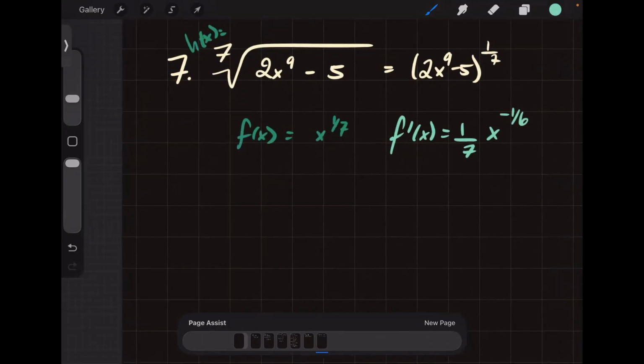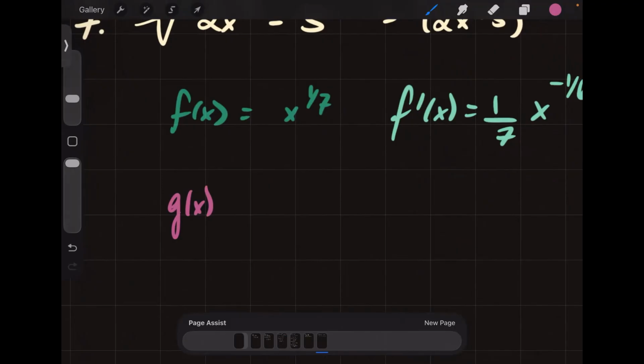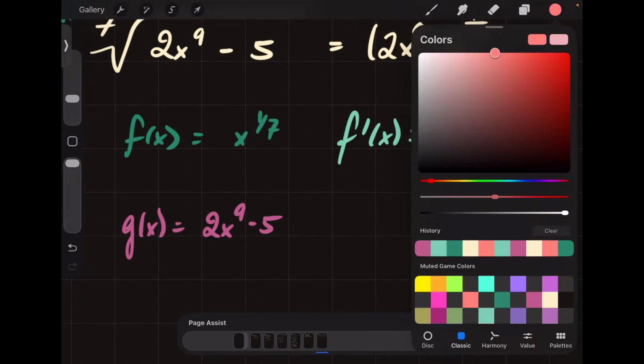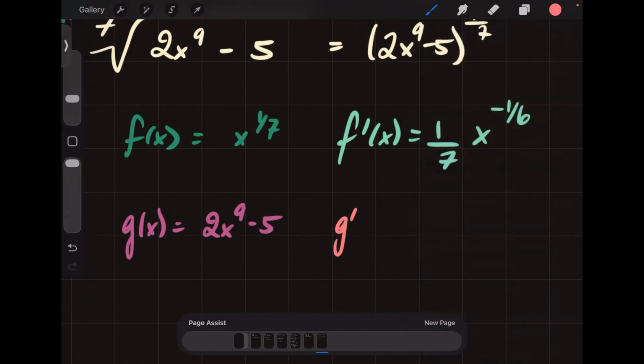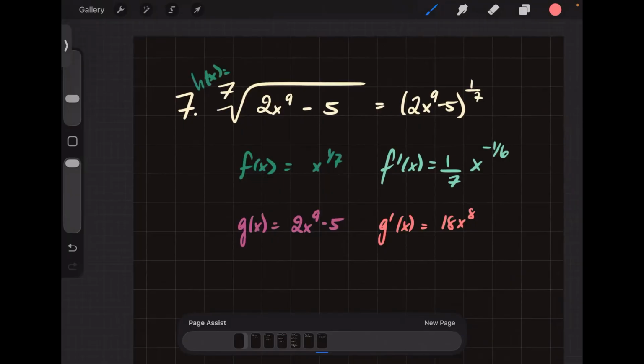Right? Okay. That means that g of x is the inside, which is 2x to the ninth minus 5. Oh, no x, my bad. And g prime of x is equal to 18x to the 8th. Easy money.